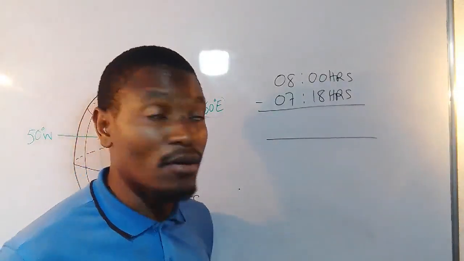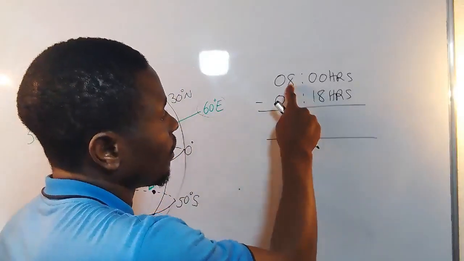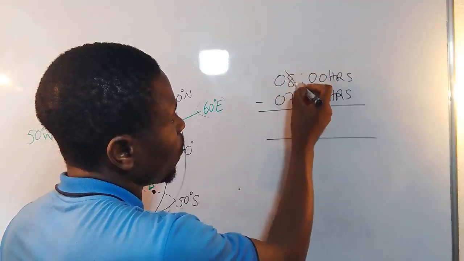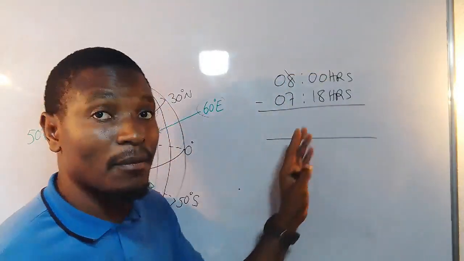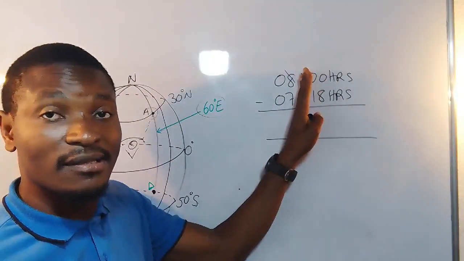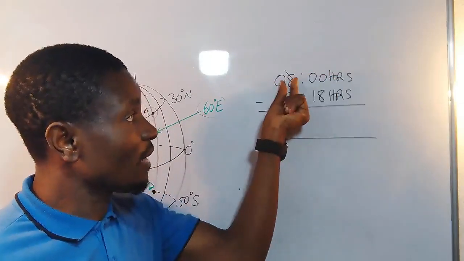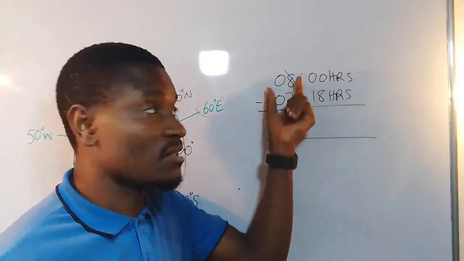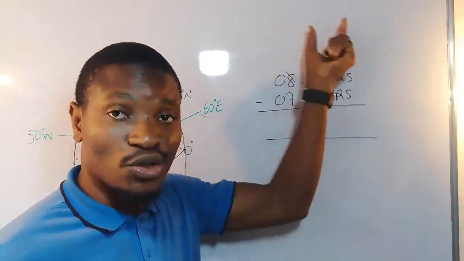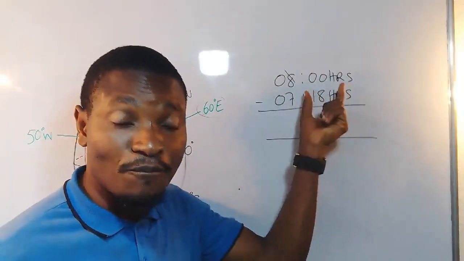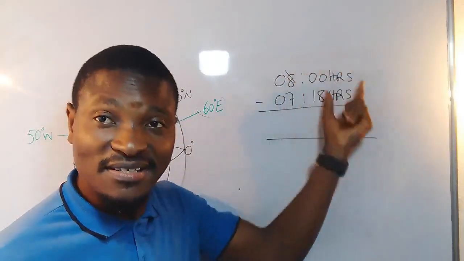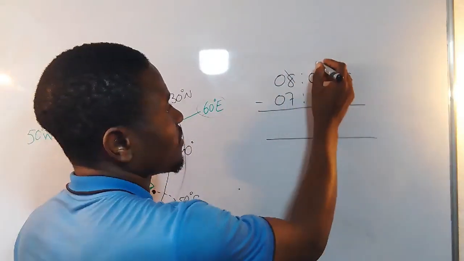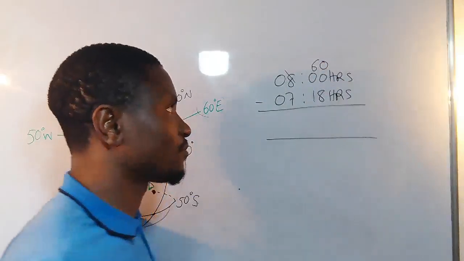Time can only be positive. So the idea is we are going to get 1 there. Now remember, these whole numbers are hours. So when I transfer 1 to the minute side, I'm converting that 1 hour to 60. Make sure you understand that it is equal to 60.